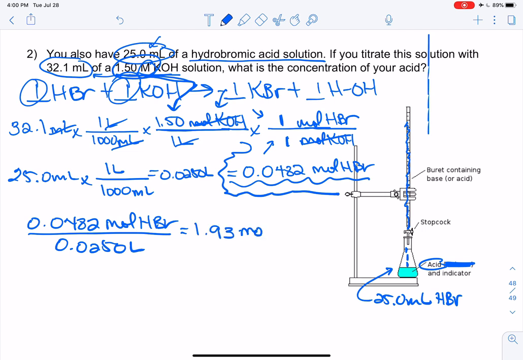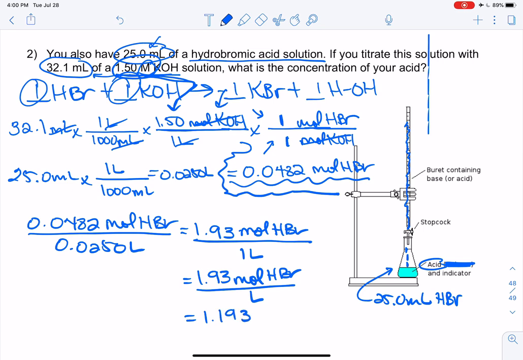1.93 moles of HBr over 1 liter, which is the same thing as saying 1.93 moles of HBr over liter, which is the same thing as saying 1.93 moles per liter HBr, which is the same thing as saying, oops, wait, hold on, I got an extra 1 in there.